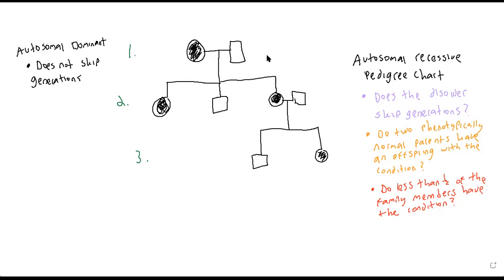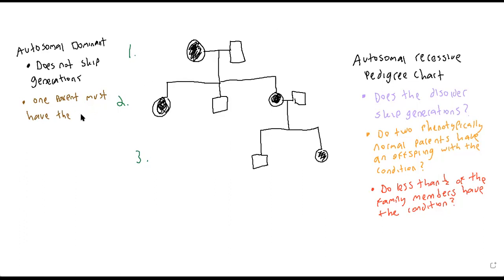Do two phenotypically normal parents have an offspring with the condition? No, that cannot happen. Actually, let me make this simpler. One parent must have the affected phenotype. Not recessive, what am I doing?